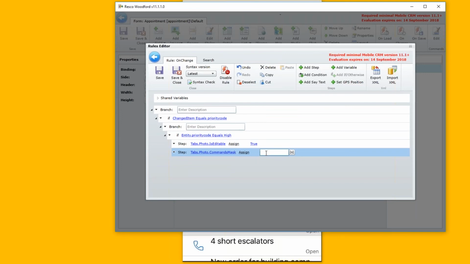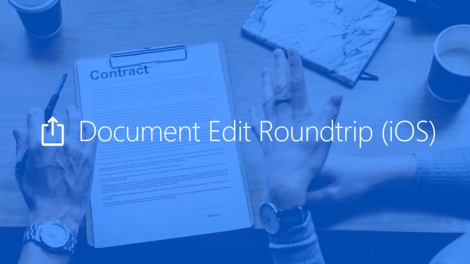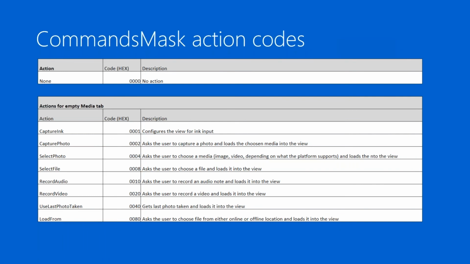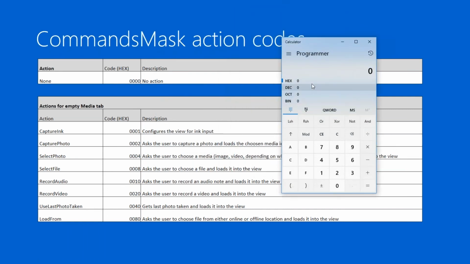And for this, we need to add the numeric code here, and we're gonna need this nice looking table. Let me just switch back to the presentation where all codes are present. And I'm gonna need a calculator for this, of course.